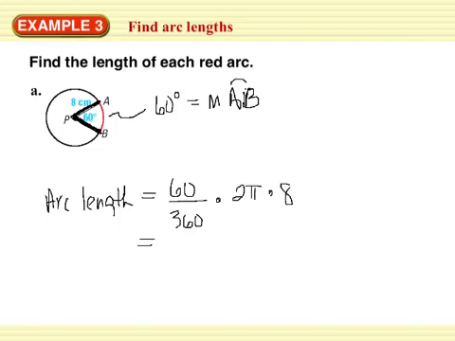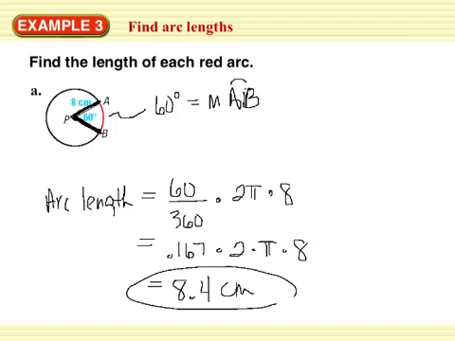So 60 divided by 360 equals 0.167 times 2 times pi times 8. So that is the length of the arc.